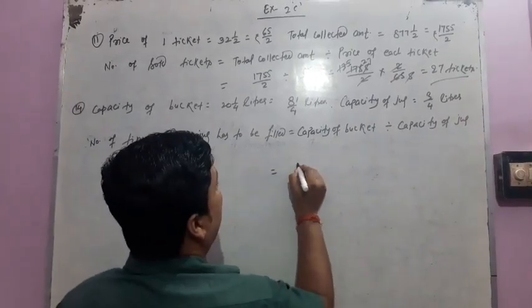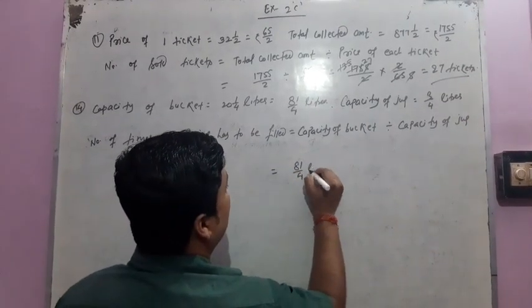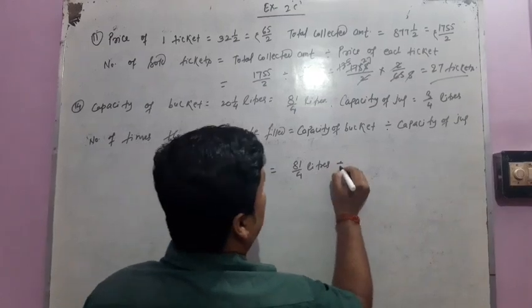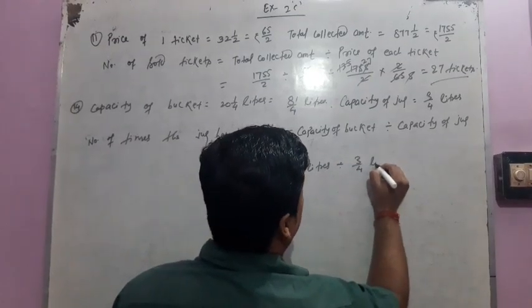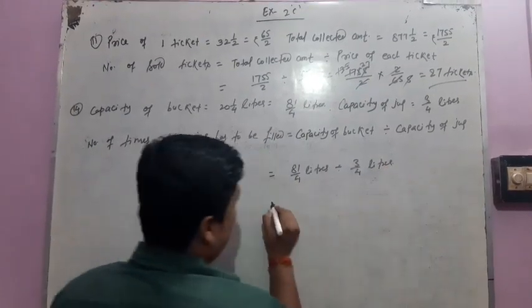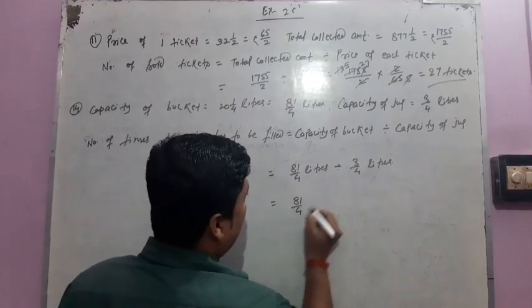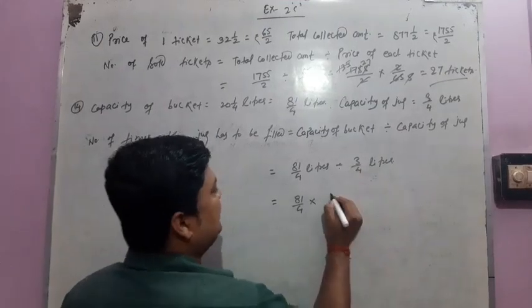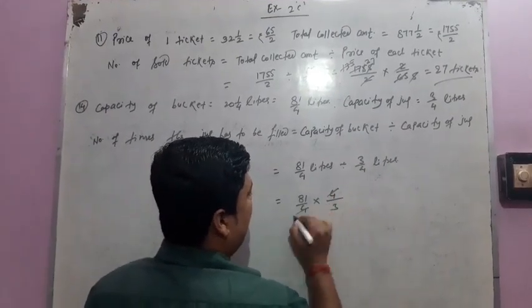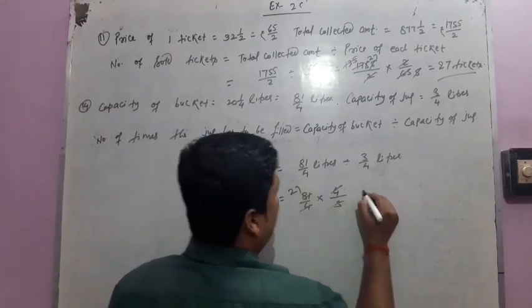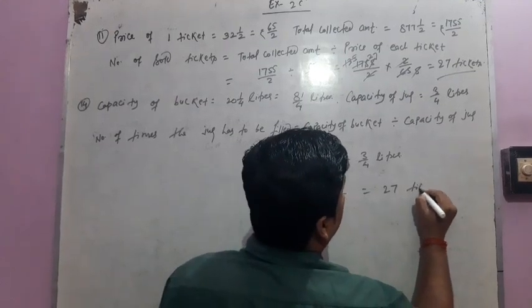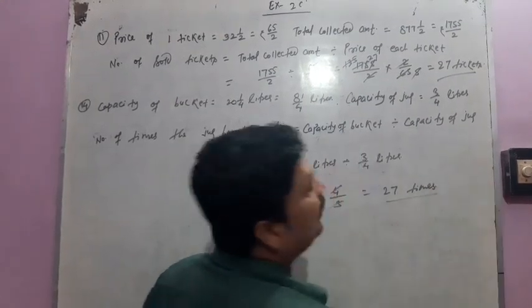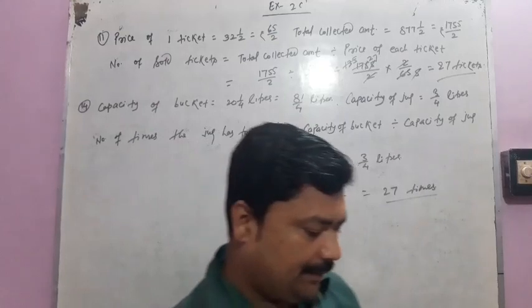The capacity of bucket is 81 by 4 liters and the capacity of jug is 3 by 4 liters. So 81 by 4. Now divide sign we have to convert into multiply. The next fraction becomes reciprocal, 4 by 3. 4 4 cancel. 3 27s. 27 times the jug has to be filled for emptying the bucket.